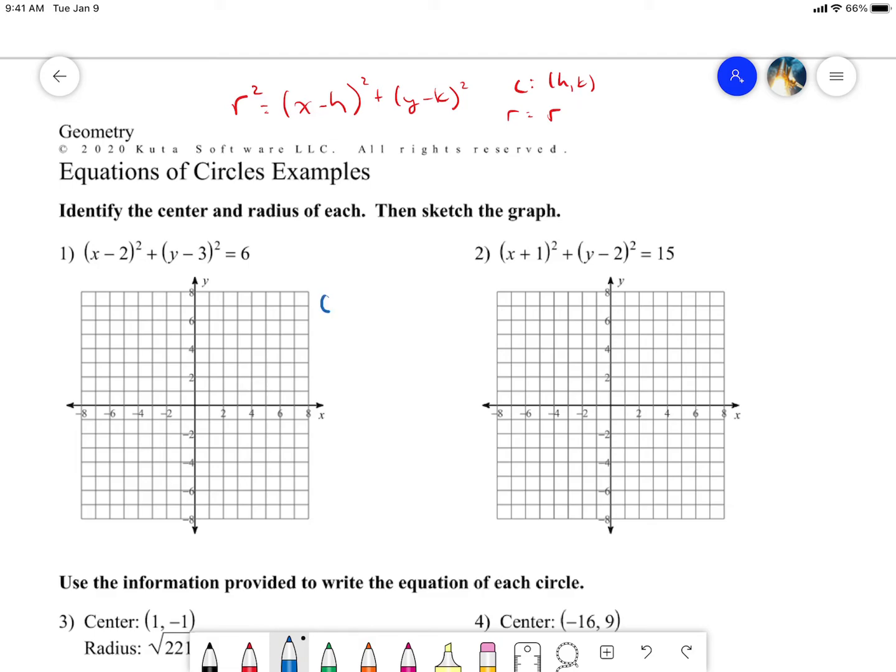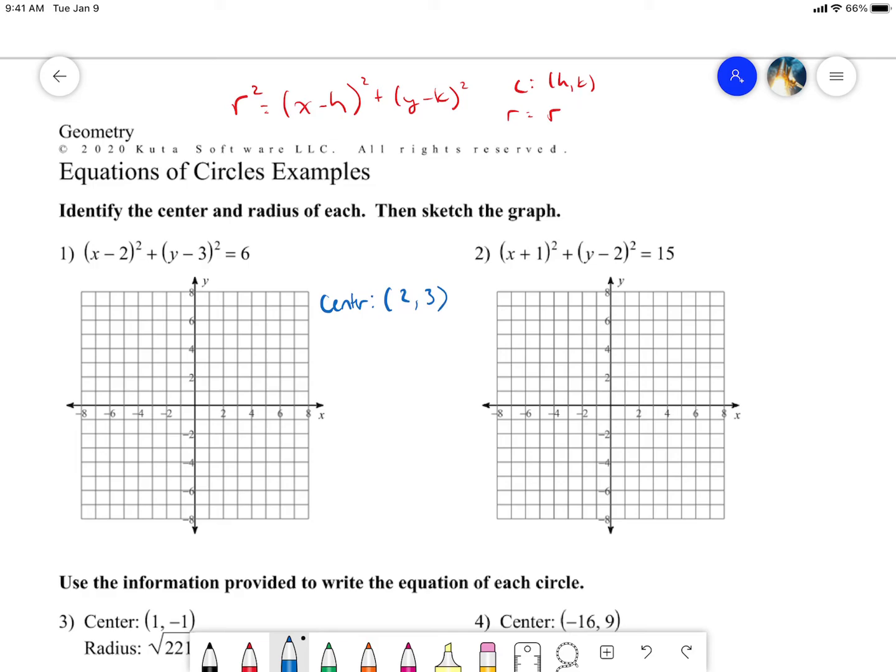Can I find what my center is for number 1? Does anyone know what the center of my circle would be for number 1? Yeah. Would it be (2, 3)? Perfect. That's exactly right. (2, 3).